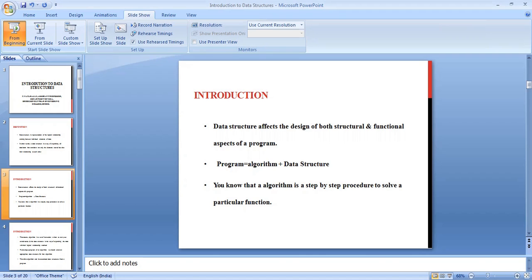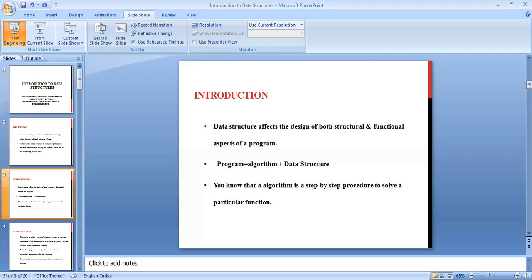So in this slide we see the definition of data structure. The first point is: data structure is the representation of the logical relationship existing between individual elements of data.